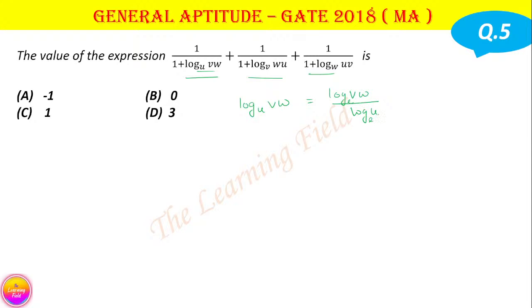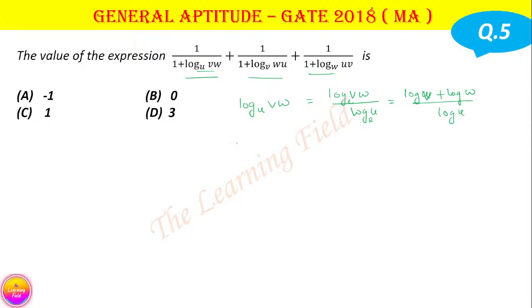Generally we don't write the base; a simple log means base e. That means we can write log of v plus log of w by log of u.